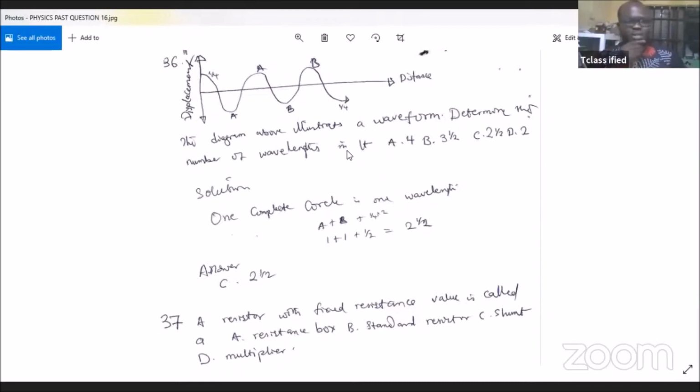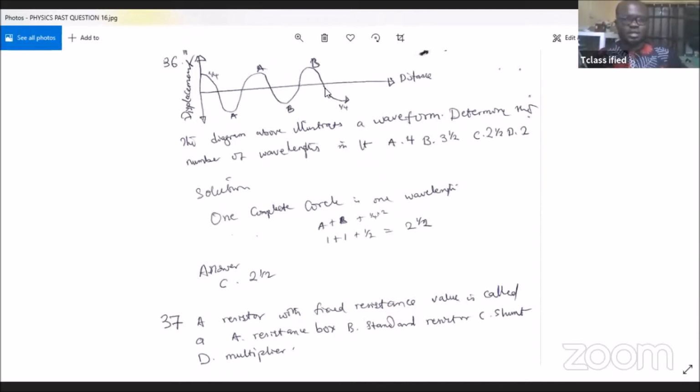Solution, one complete cycle is one wavelength. So if you consider this from here and here, this is 1, 2. So you can see that from here and here completes one cycle. Then this from here and here completes another cycle.